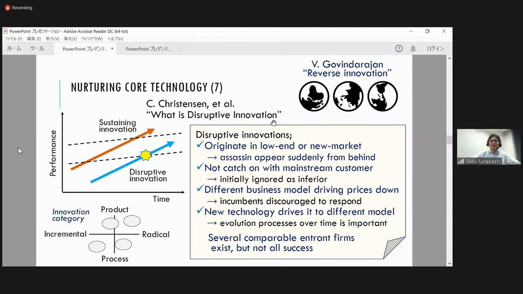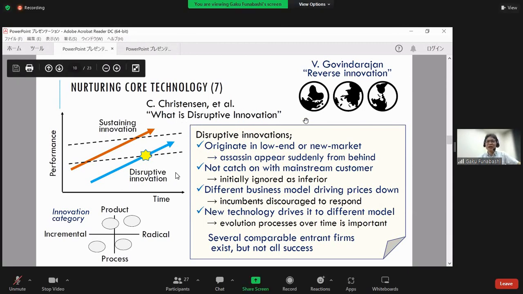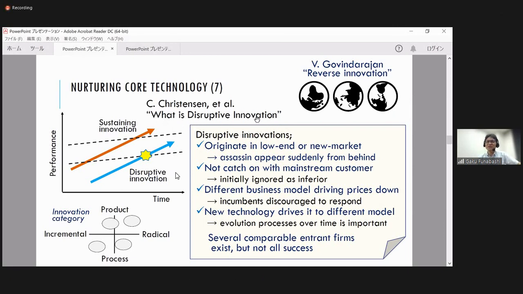In that case, you definitely need to know this word, disruptive innovation. It is a very, very famous word that people in business want to use quite often.